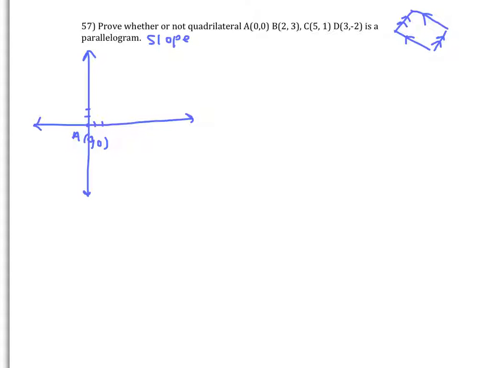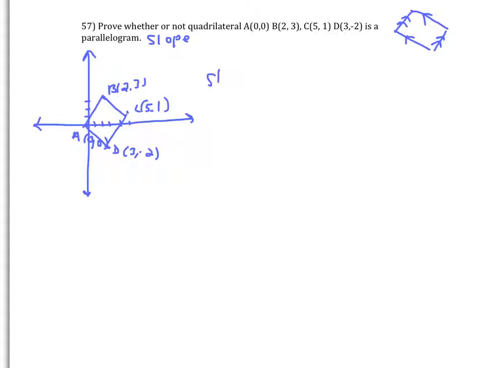B is at the point 2, 3. C is at 5, 1. And D is at 3, negative 2. So your graph is probably a lot better than mine.